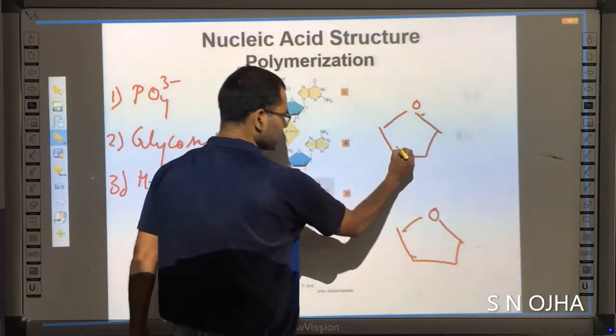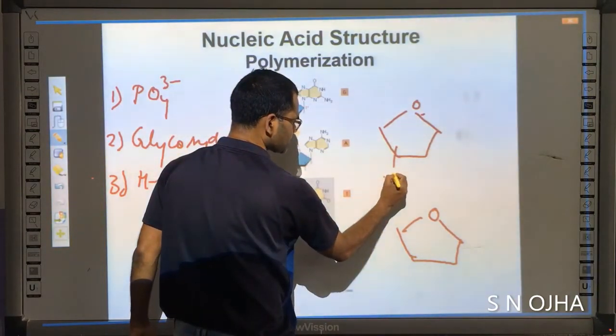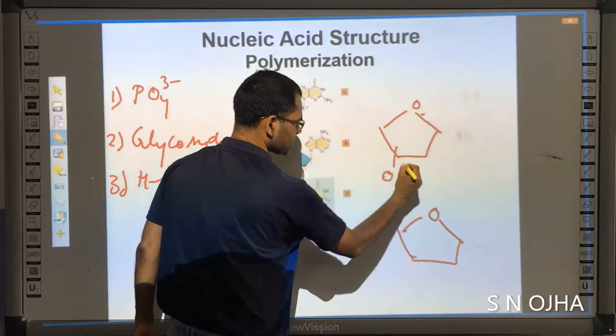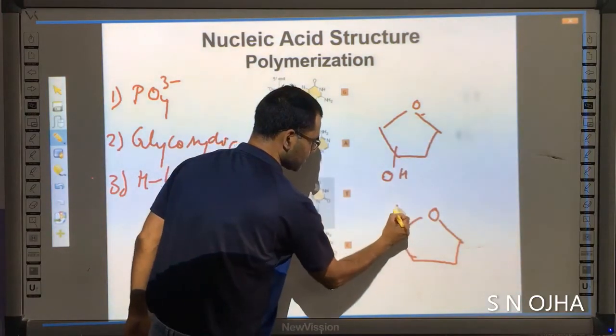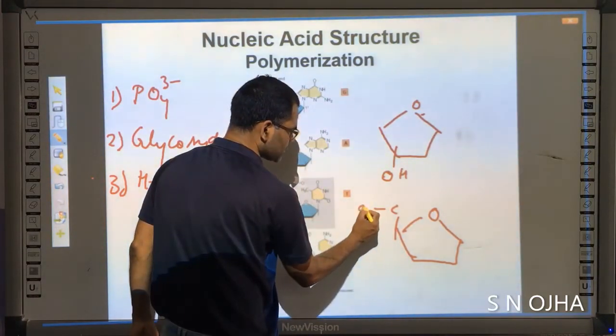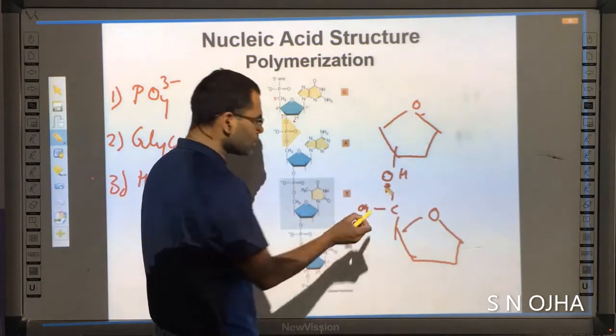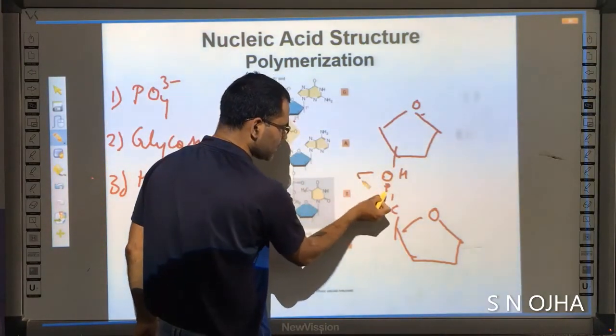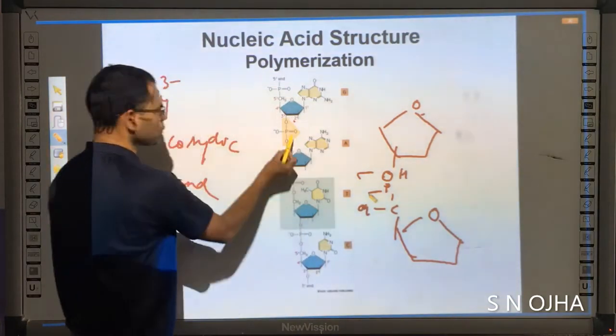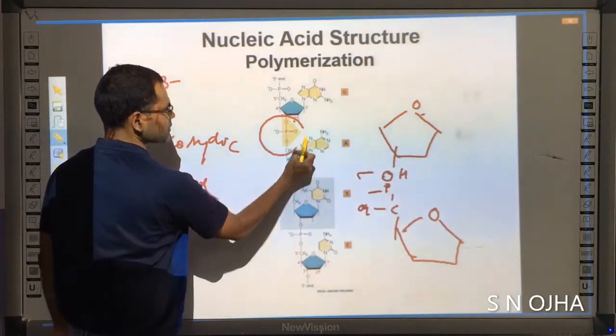Here there is a hydroxyl group, OH, and here there is a carbon with an OH, and here a phosphate is present. A bond is established between this oxygen and this phosphorus, which is shown here.